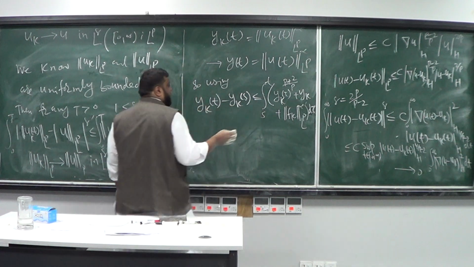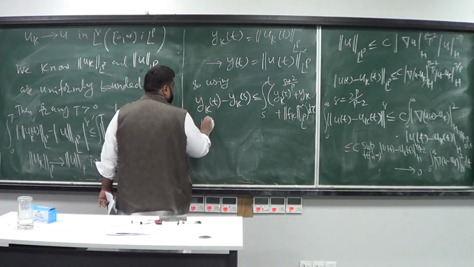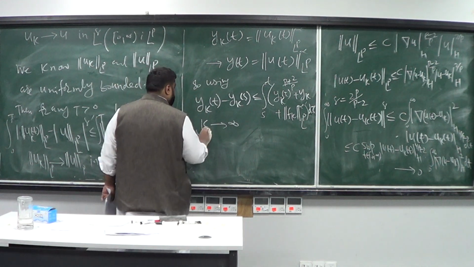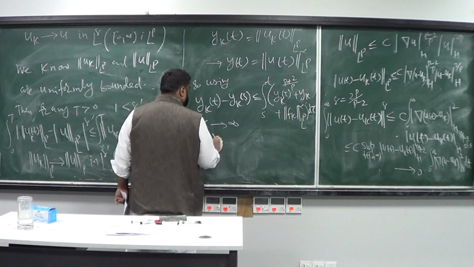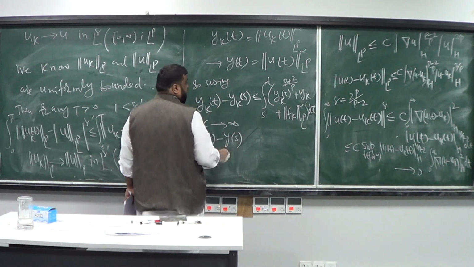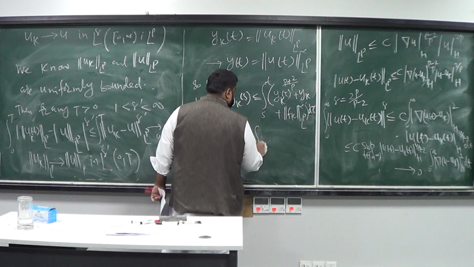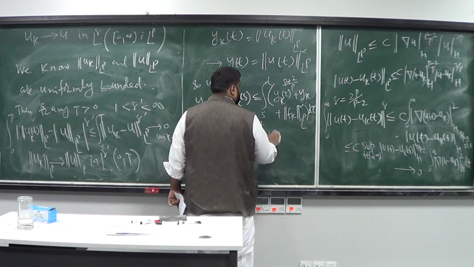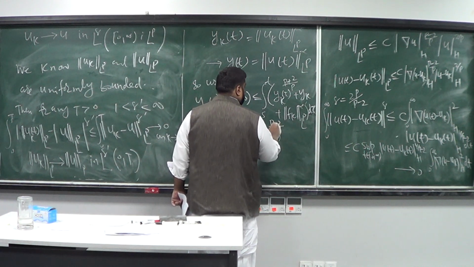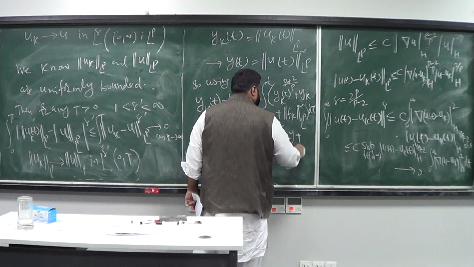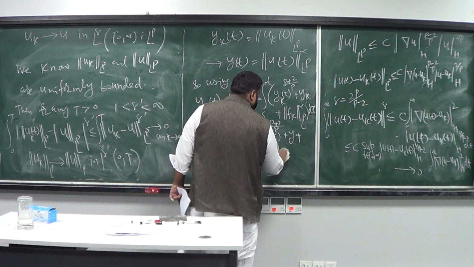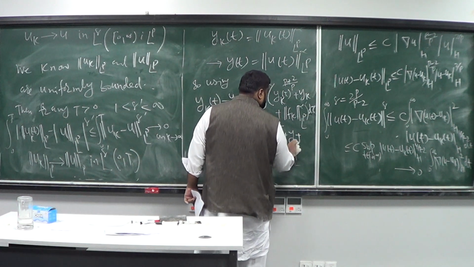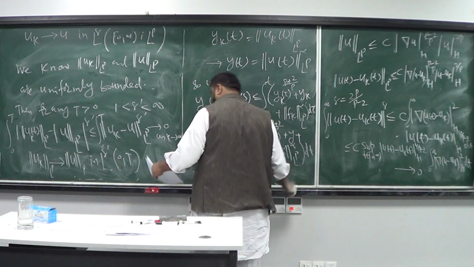On both sides you take k going to infinity. So this will become Y of t minus Y of s less than or equal to the integral of Y of tau to the power (p+2)/p plus the norm of F in L^p raised to alpha, dt.